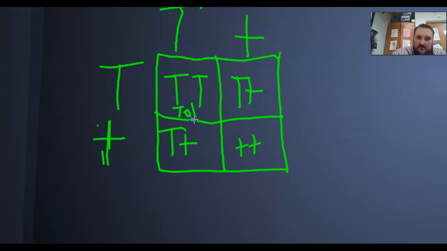Tall, tall, tall, and short. My ratio here is 3 talls to 1 short.